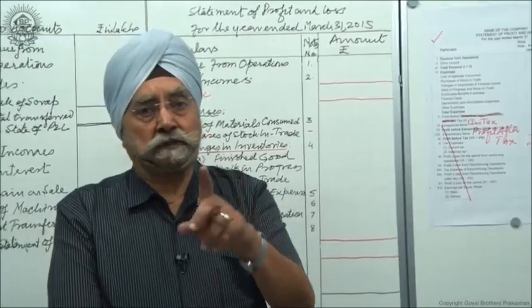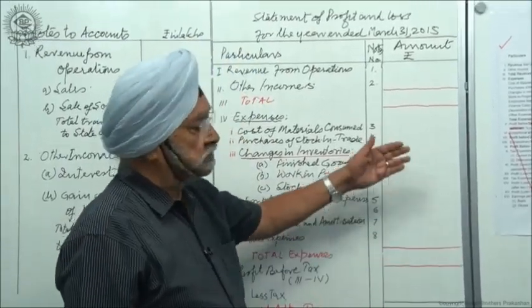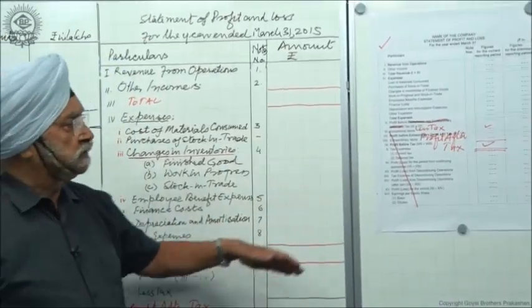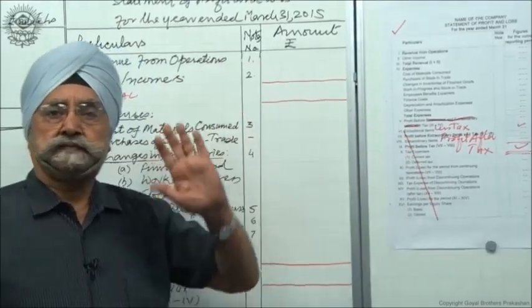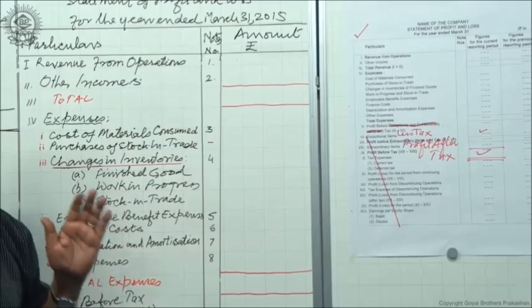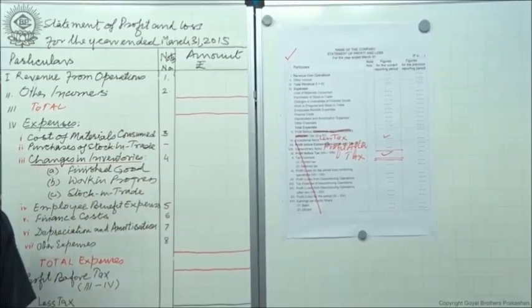But for your purpose, for 12th class purpose, the entire schedule is not in the course. It has been made clear by the CBSE. You will go up to this, and then you deduct tax, and that's all. So let me now take an example to explain the whole statement of profit and loss once again.